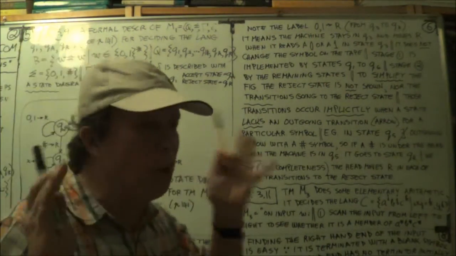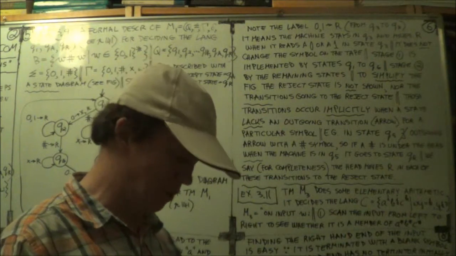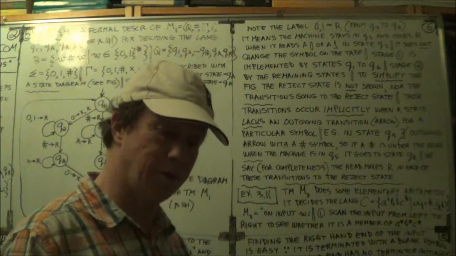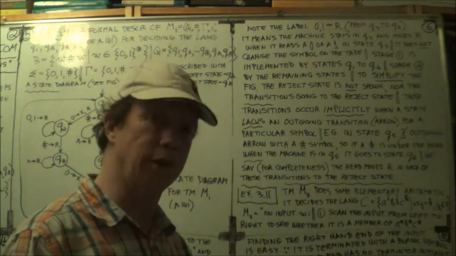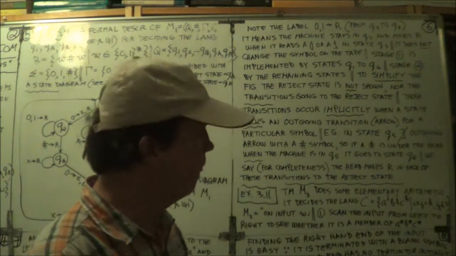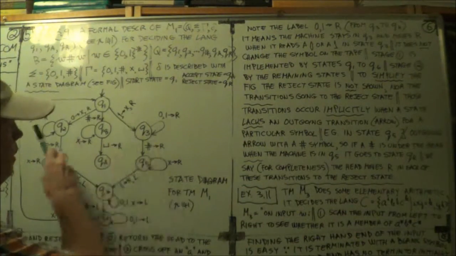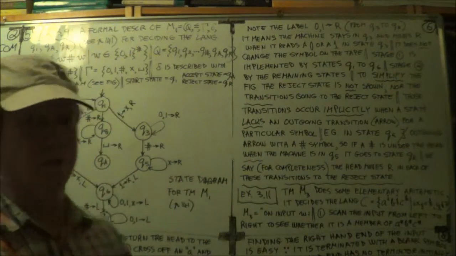That's the whole point of why full formal descriptions of Turing machines are rarely given. For that reason. But I hope you've got enough to figure out what's going on here.